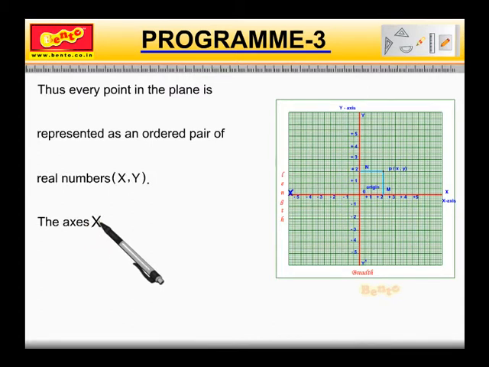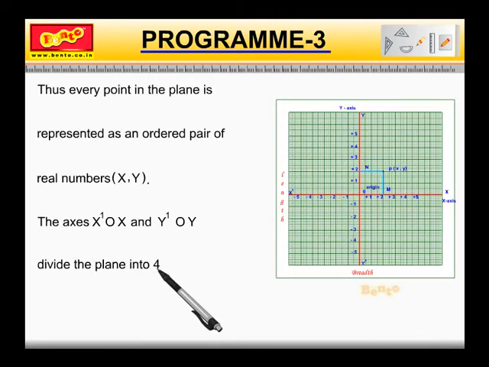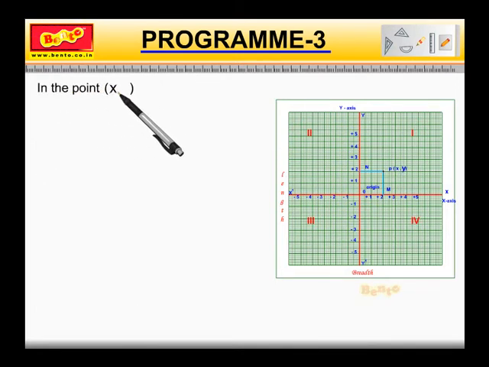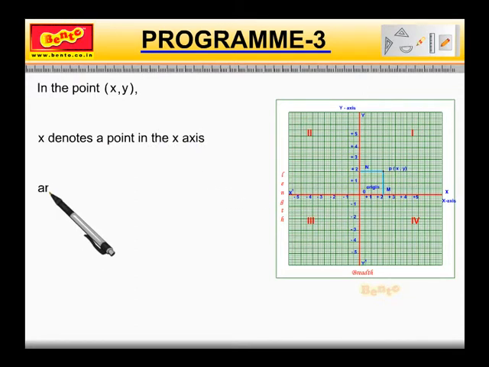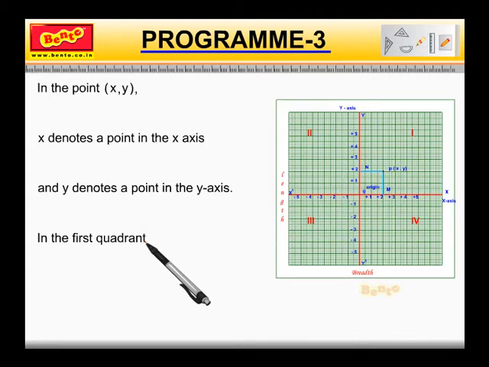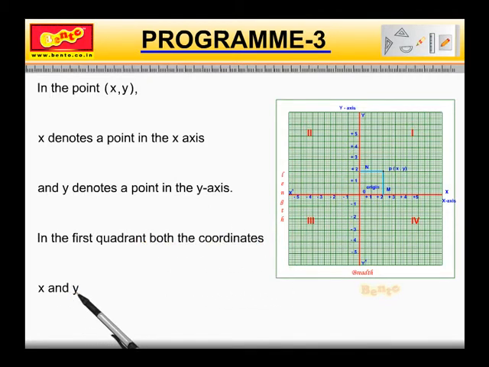The axes X'OX and Y'OY divide the plane into four quadrants, namely 1, 2, 3, and 4. In the point (x, y), x denotes a point on the x-axis and y denotes a point on the y-axis. In the first quadrant, both the coordinates x and y are positive, that is plus, plus.